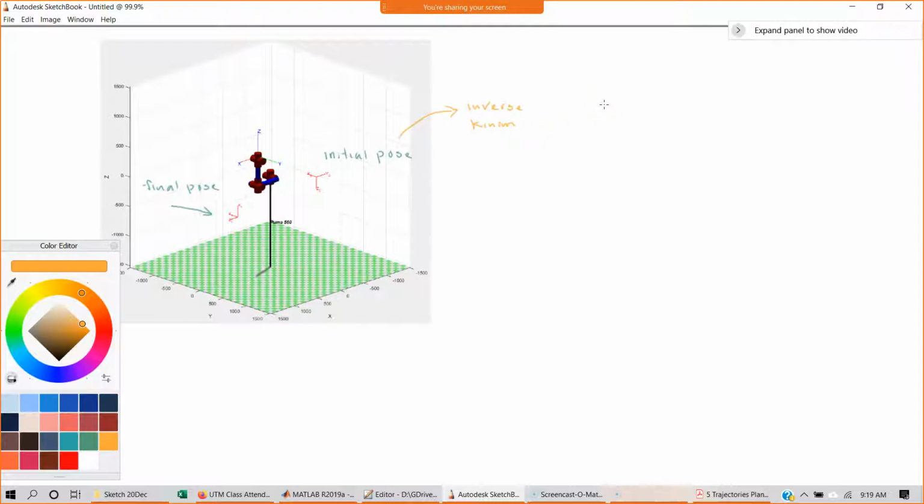Let me correct this quickly. So from here, using inverse kinematics, we will obtain theta 0. So theta 0 here refers to the initial position vector.